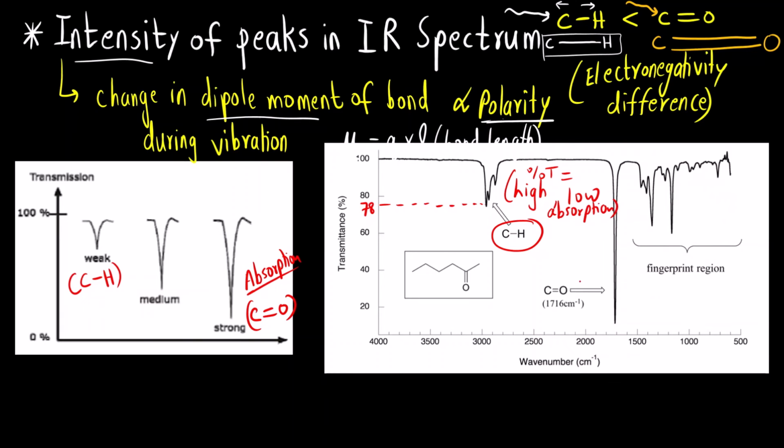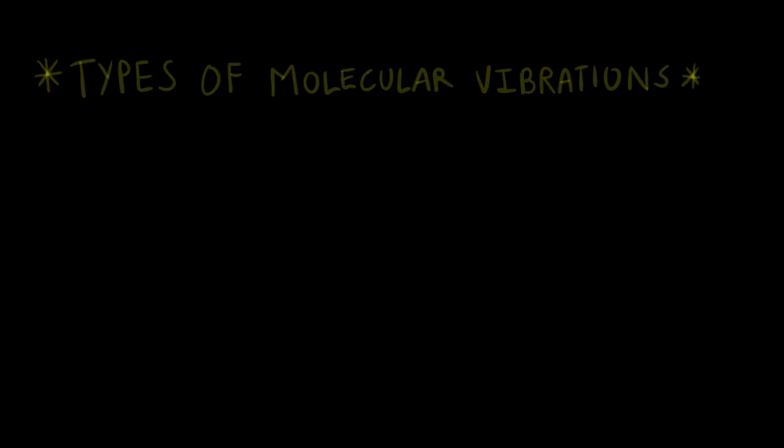And for carbonyl, you can see the intensity is very high, that is, the percentage transmittance is very low, let's say this is 10%. So this is very high absorption. So the carbonyl gives very high absorption and very low percentage transmittance.